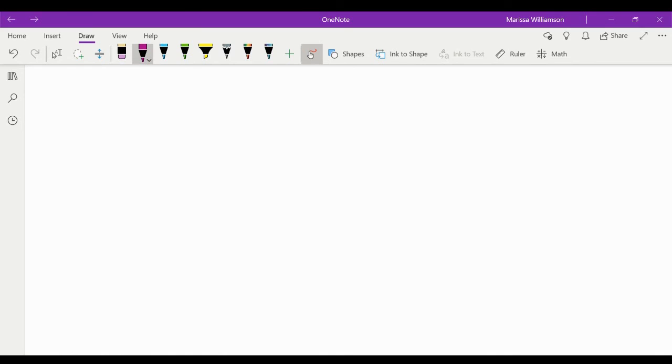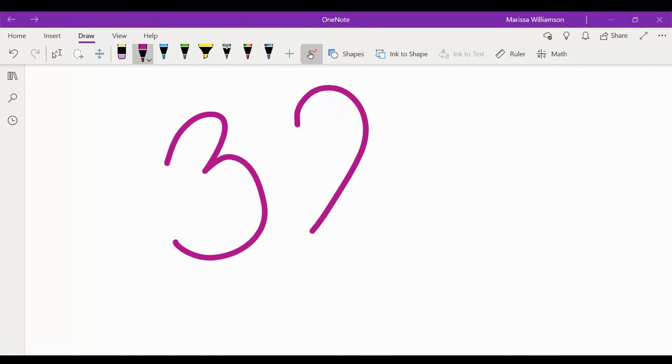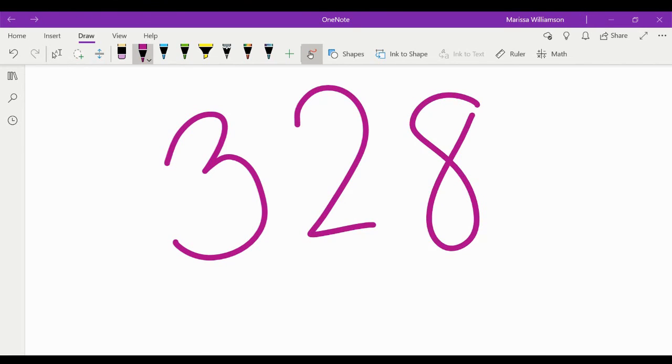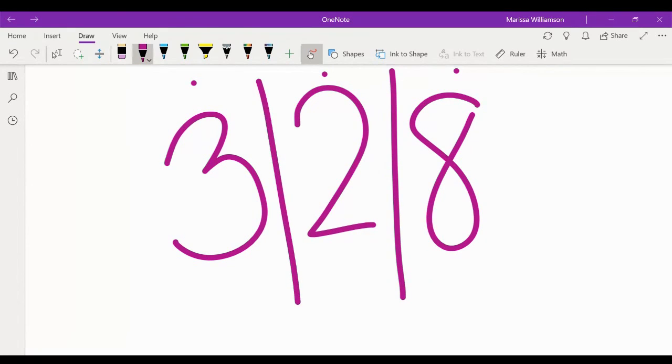If my three-digit number is 328, I have three digits, 1, 2, 3, in three different places. This place is called the ones place.